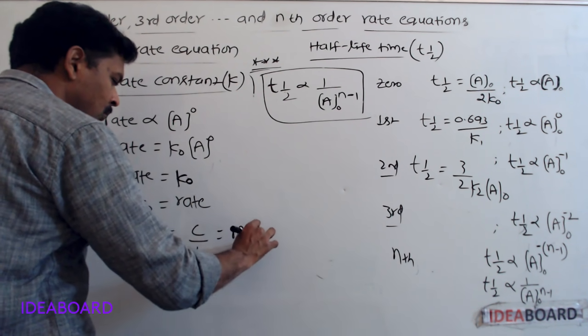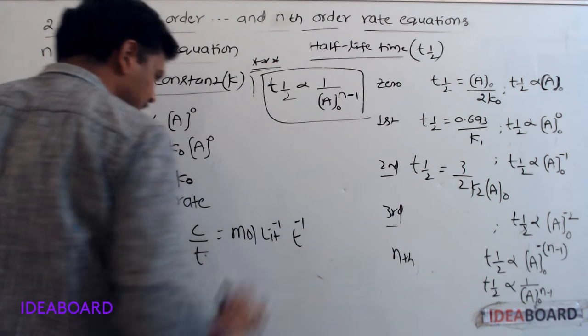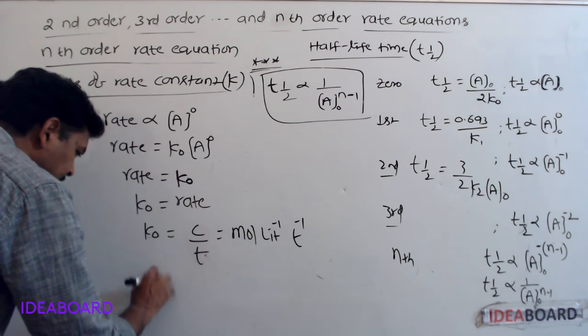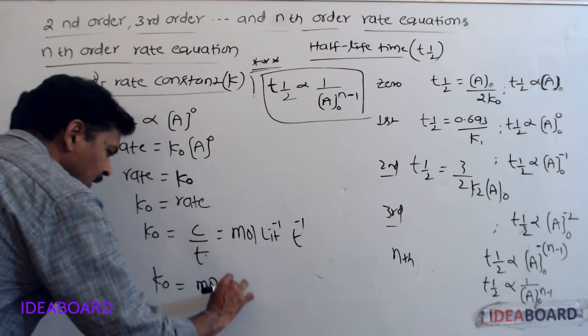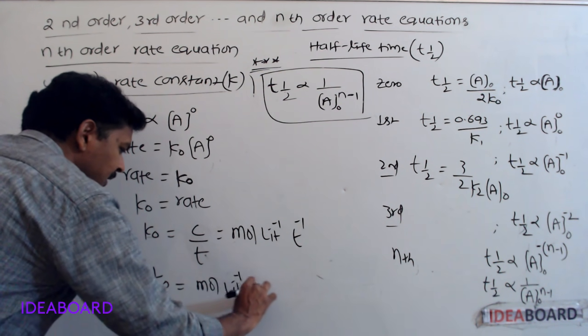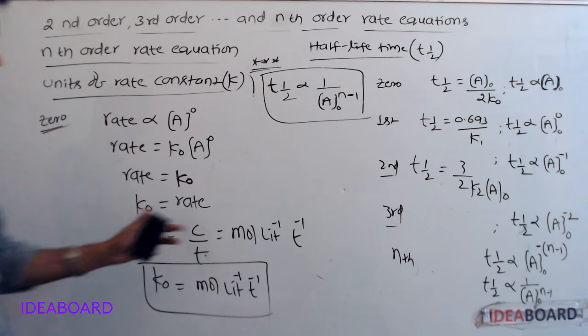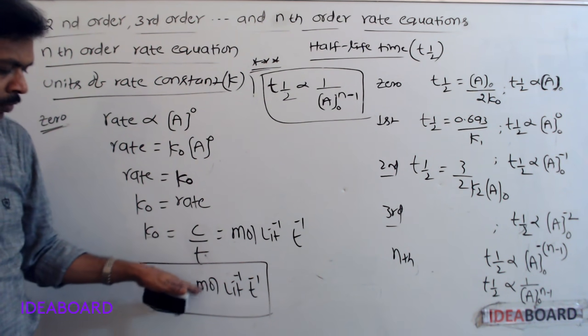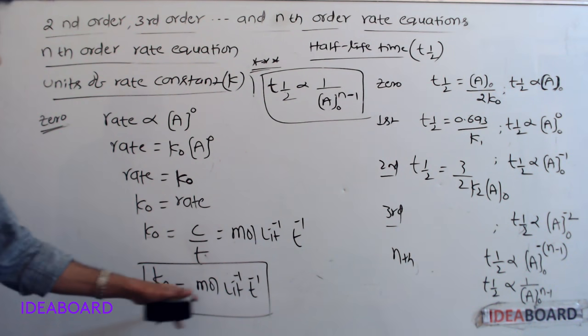Concentration unit is mole per liter, and time inverse. So K naught units are mole liter inverse, time inverse, or moles per liter per time.